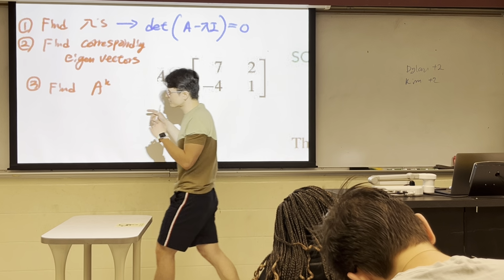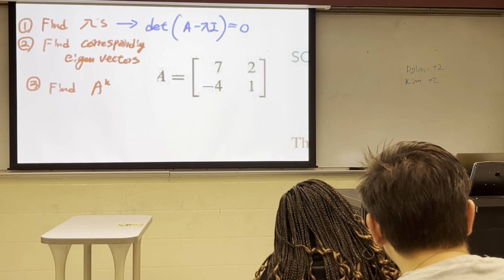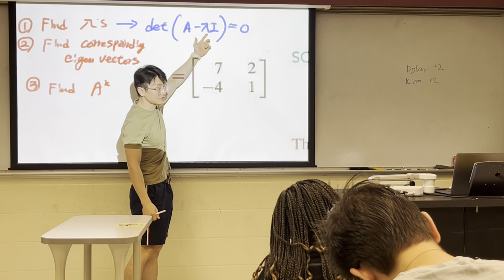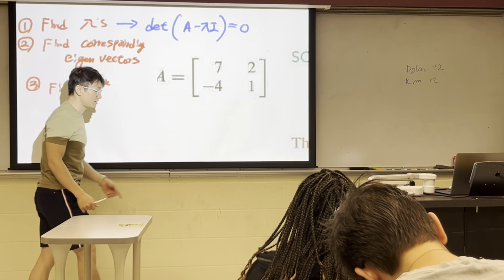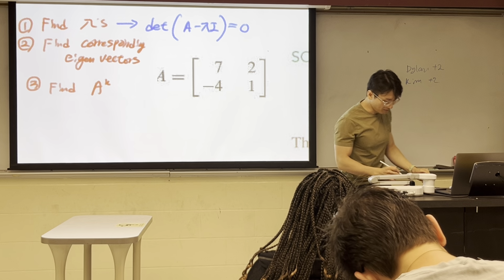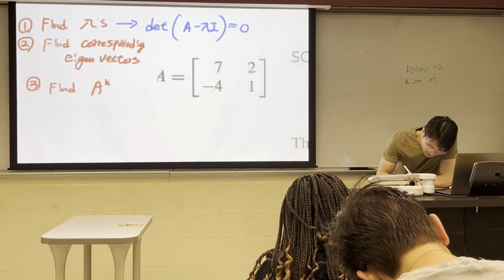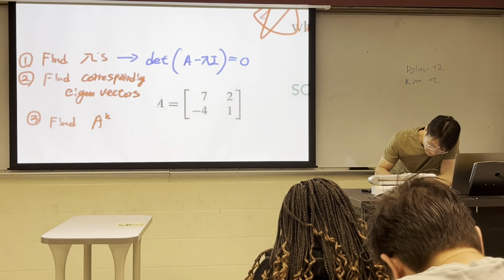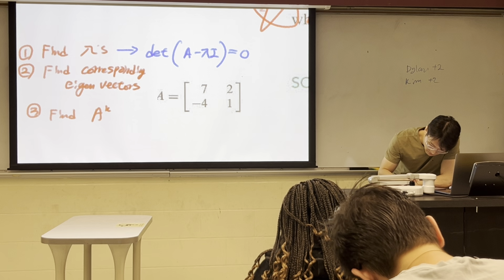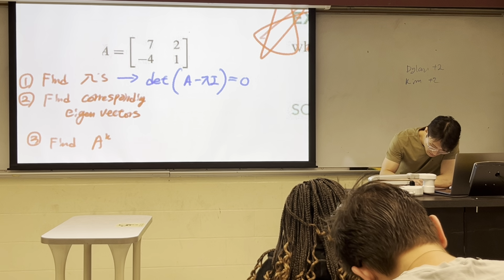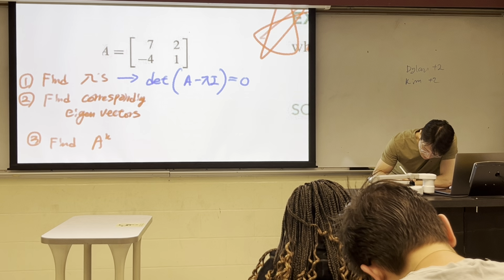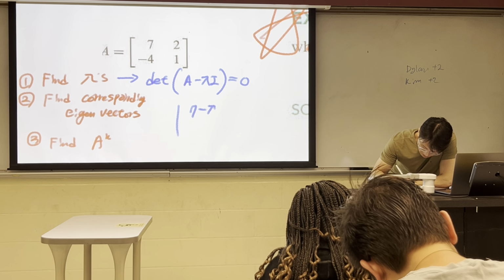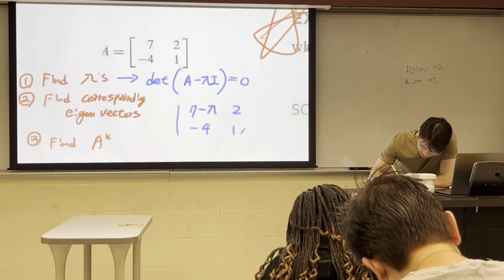What the one did is you get lambda times identity matrix. Then you get A minus lambda I, and that is 7 minus lambda, 2, negative 4, 1 minus lambda.